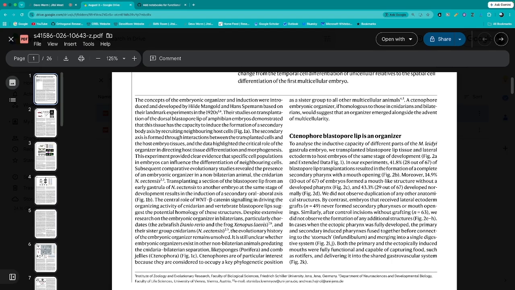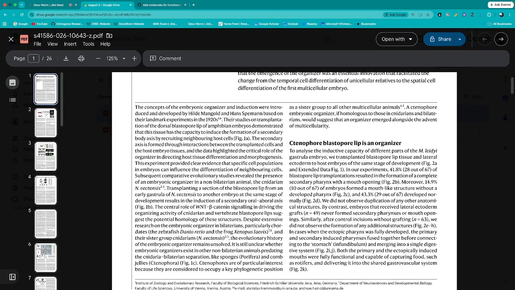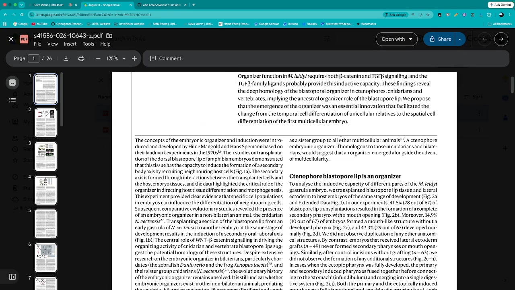Those include organisms like sponges and comb jellies, and comb jellies are an example of a ctenophore. Ctenophores are of particular interest because they are considered to occupy a key phylogenetic position as a sister group, which means they're in a different phylogenetic group, but they're the most closely related to all other multicellular animals.